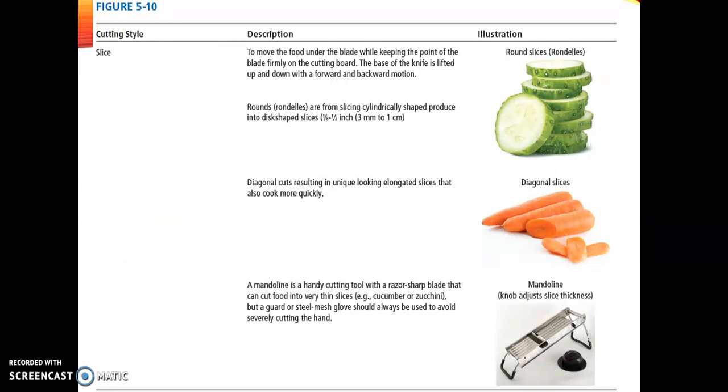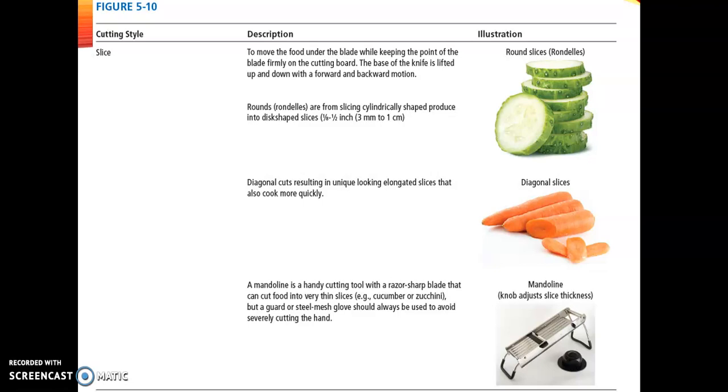And so here are some of our pictures. So there are rounds or slices. Then you can also have diagonal slices. A mandolin is an instrument that's used to cut especially very, very thin slices of things. It could also be great to cut strips, like French fries.